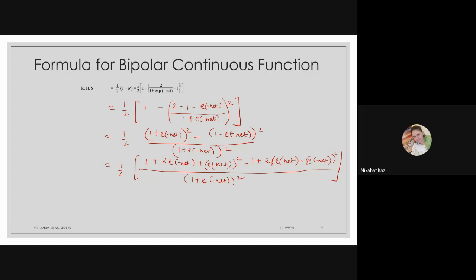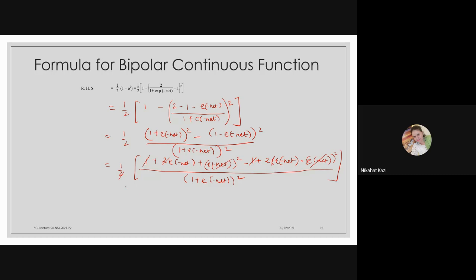Some terms get cancelled out here. The 1 and minus 1 get cancelled out. This remains, this becomes 4 times e raised to minus net. These two terms get cancelled out. Since this is 4, this 2 will cancel out with one of the 2's, so you are left with this expression.